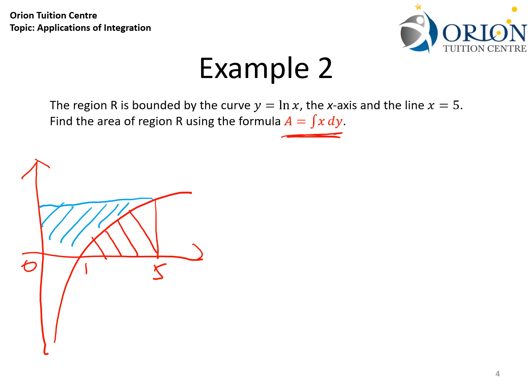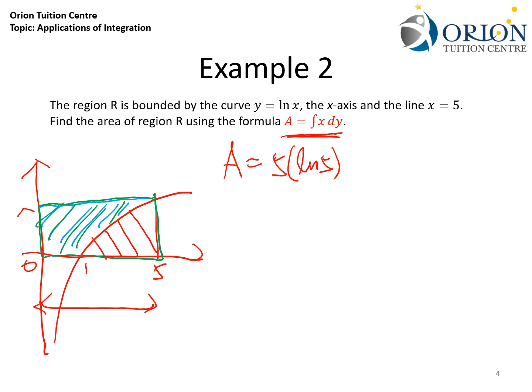However, we note that the area of interest is simply the area of this rectangle subtracted by the area of the blue region. So by doing this subtraction, we can still find the area very easily. Let's do it now. We have area equals 5 multiplied by ln 5. This gives us the area of the rectangle since the breadth is 5 and the height is ln 5.